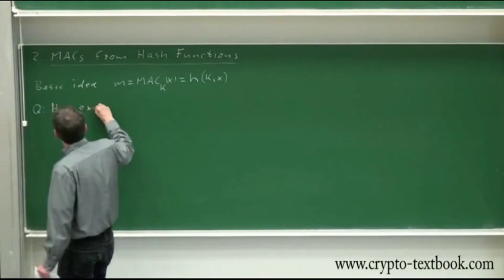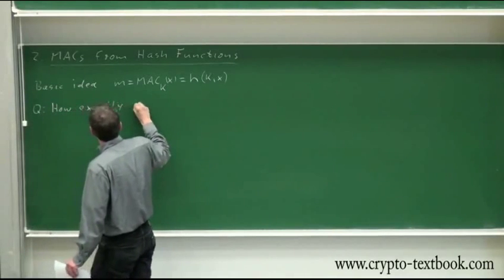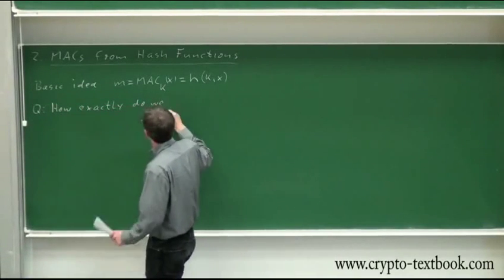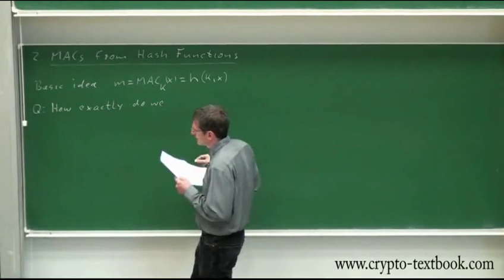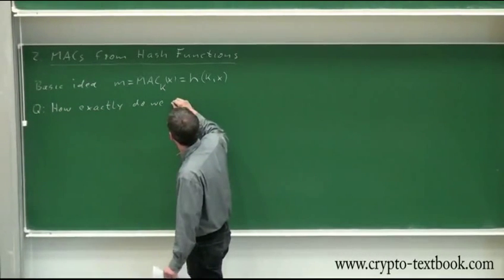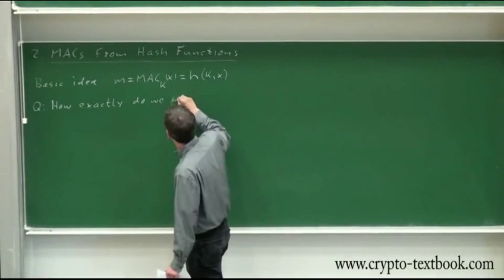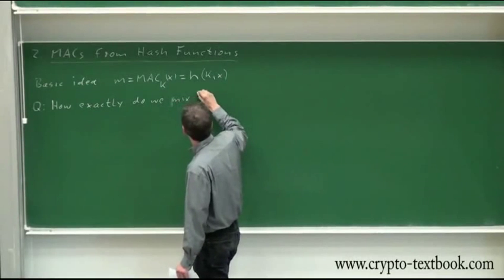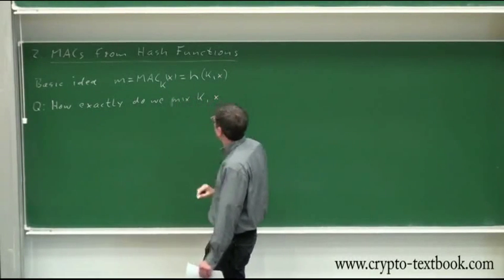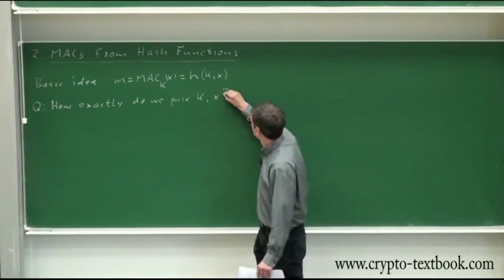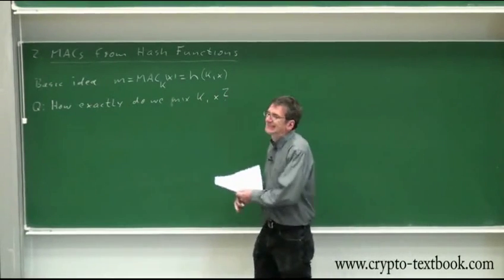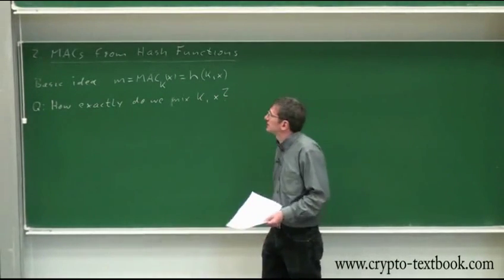So the question here is, how exactly do we mix K and X? Essentially, there are two basic things we can do.